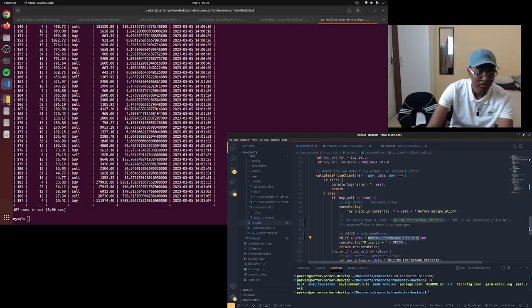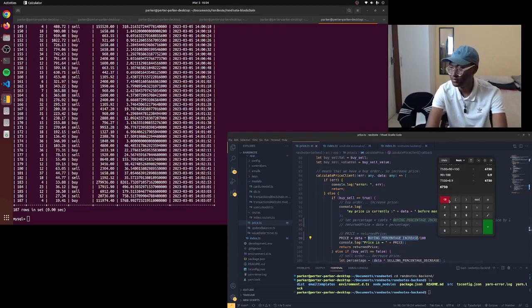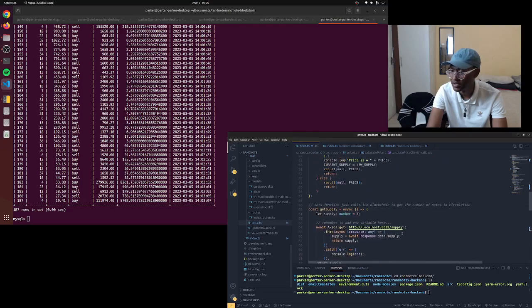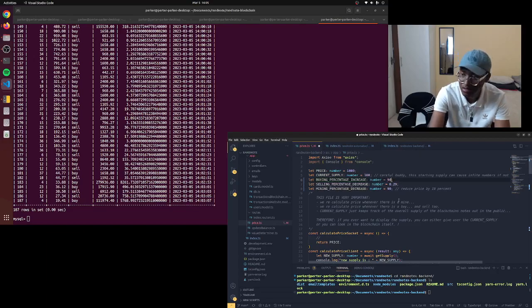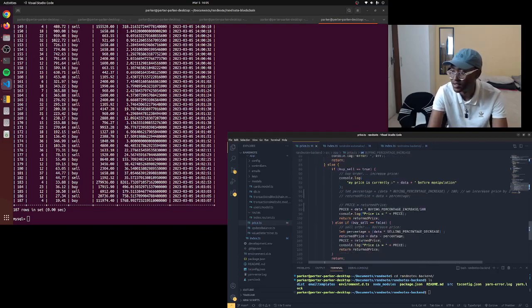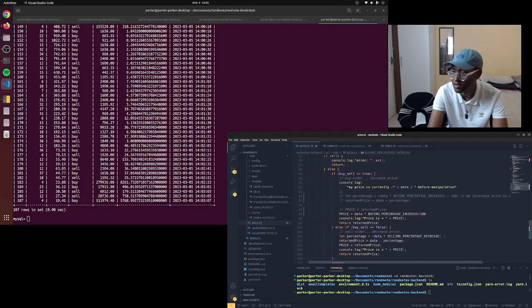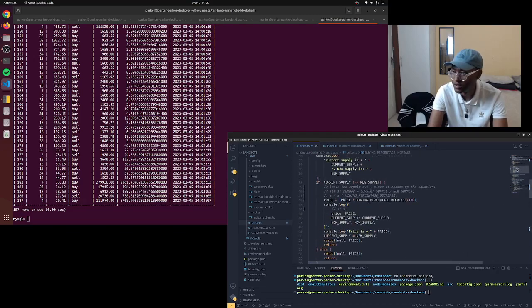Let's just whip out the calculator there. So if price is at 1,000 and this is 10 divided by 100, price goes, so this should be 90. Increase price by 10%. Where do we have you?